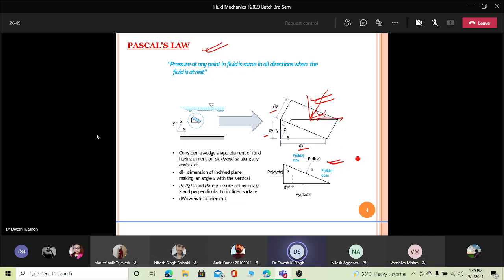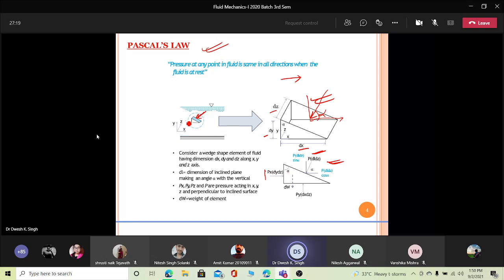Our next task in this derivation is to take the x force, due to the fluid over that element, because this element is surrounded by different molecules which exert the pressure.